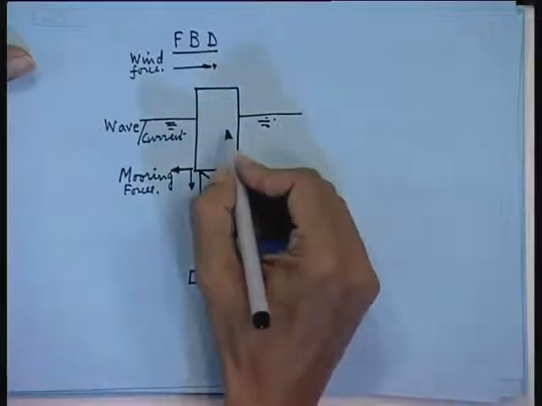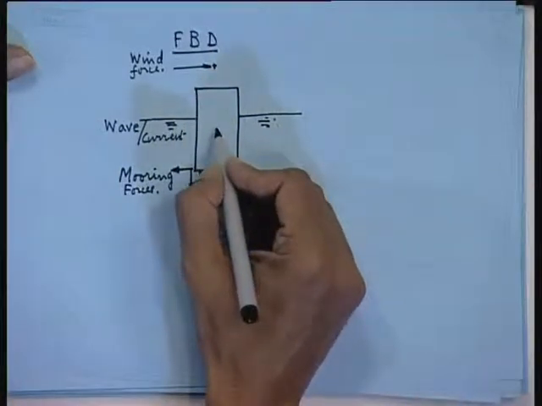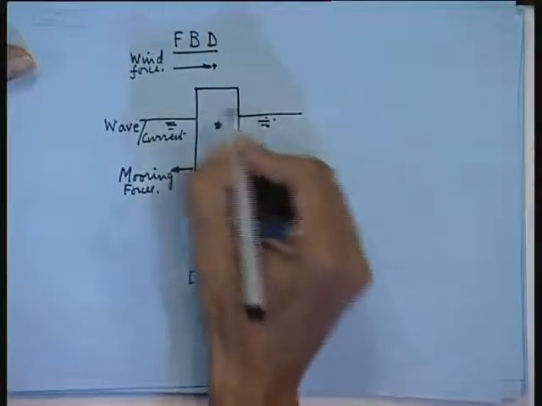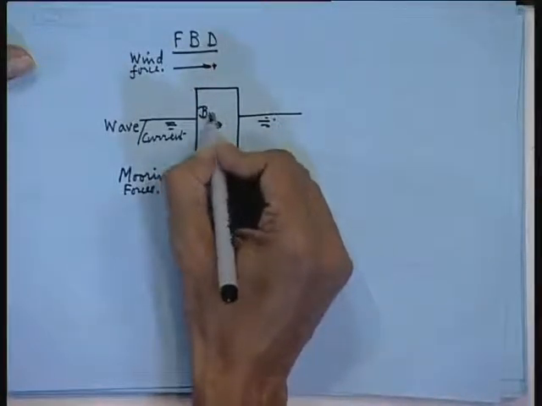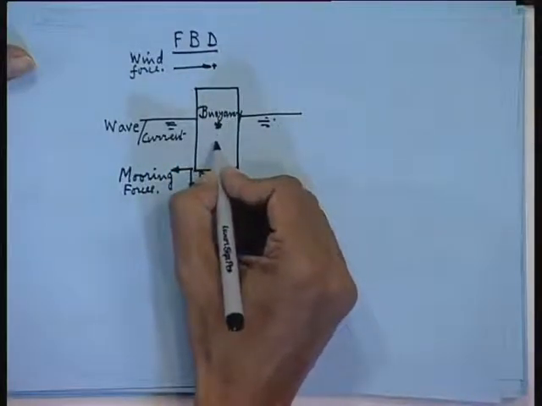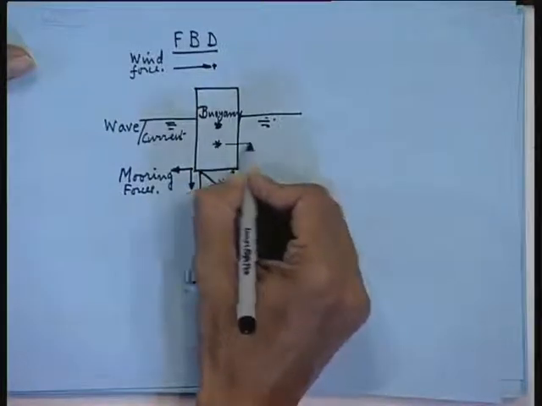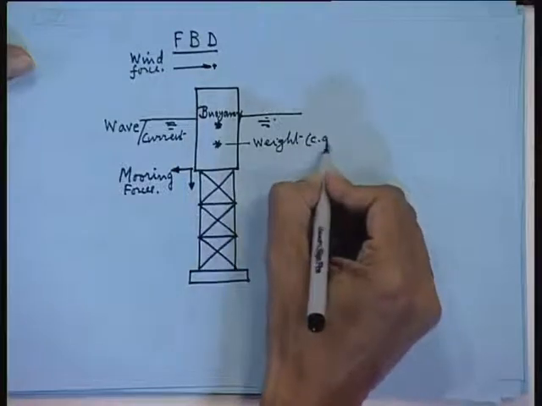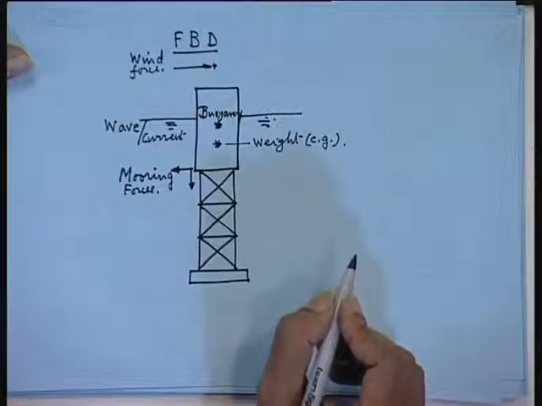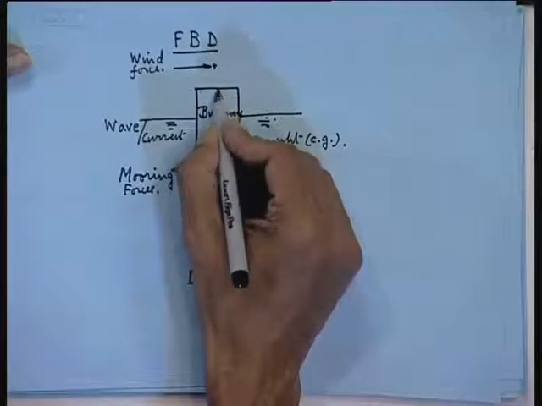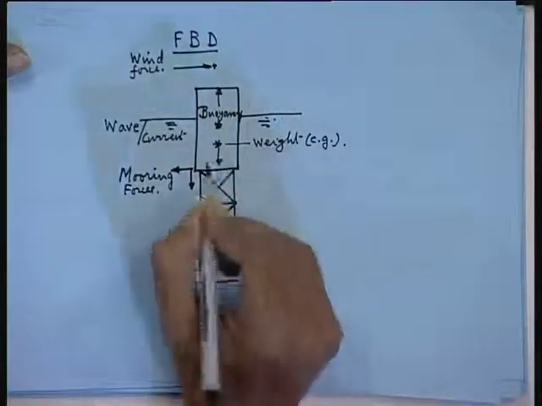Third. Now, here is the main difference from ships. Now, the buoyancy will be acting at this region. Weight will be below the buoyancy. Weight CG. So, from this you will get an upward force, and here this is acting downwards.